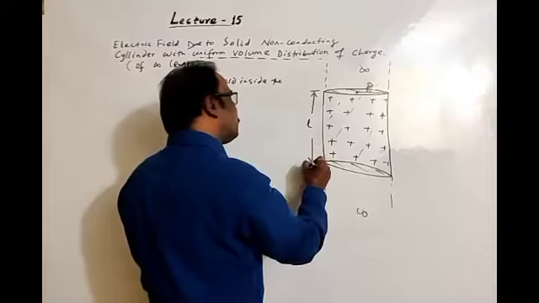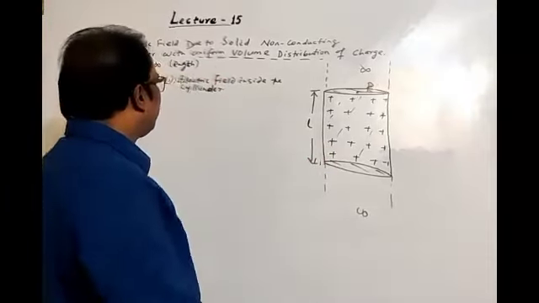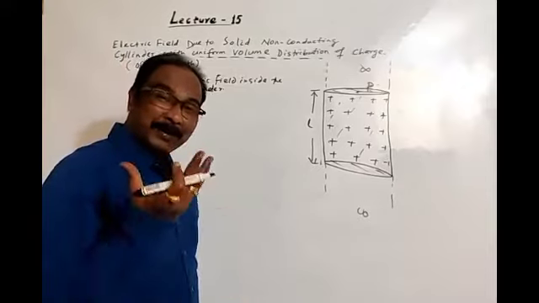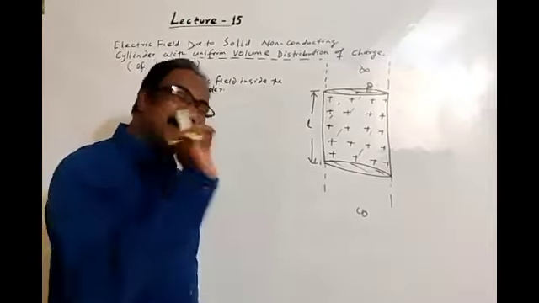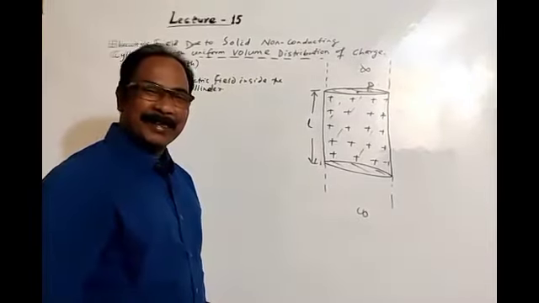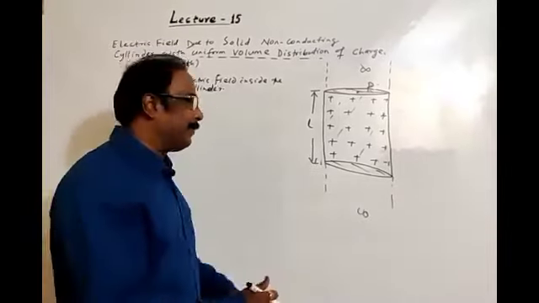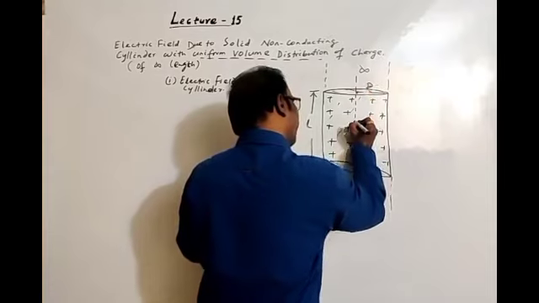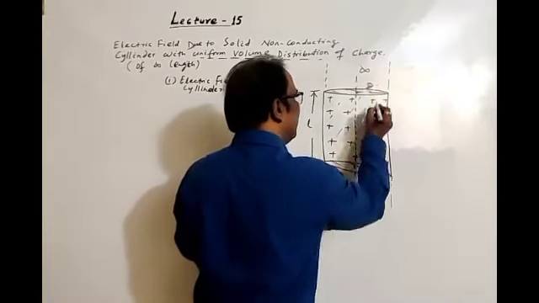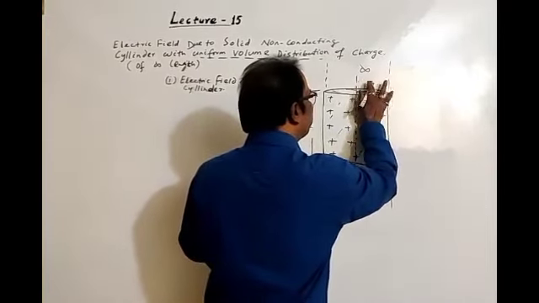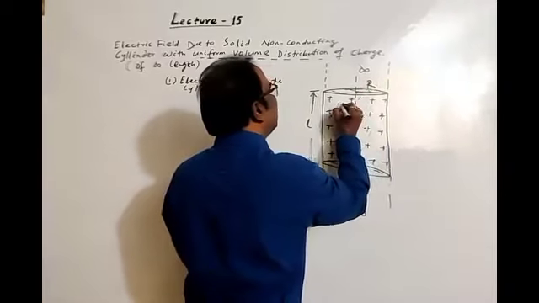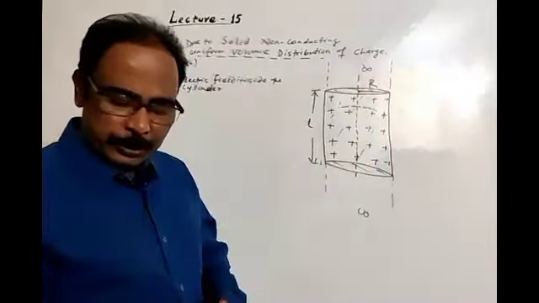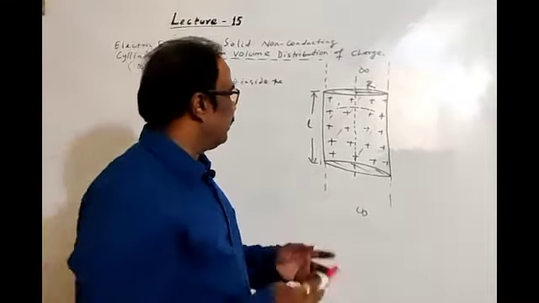Let the length of this part be L. To get the electric field inside the cylinder, let's first take an imaginary Gaussian surface inside the cylinder. So this is the axis of the cylinder. The radius of the cylinder is R.